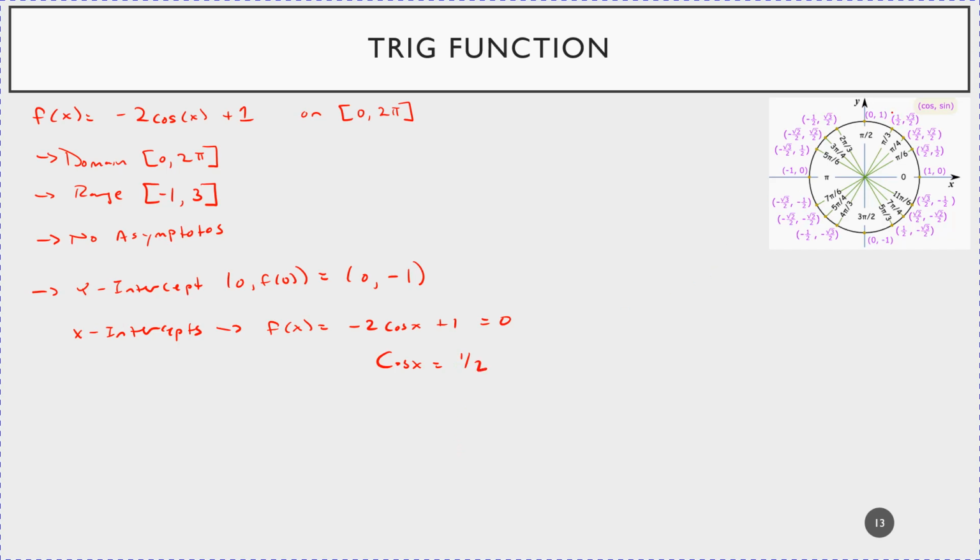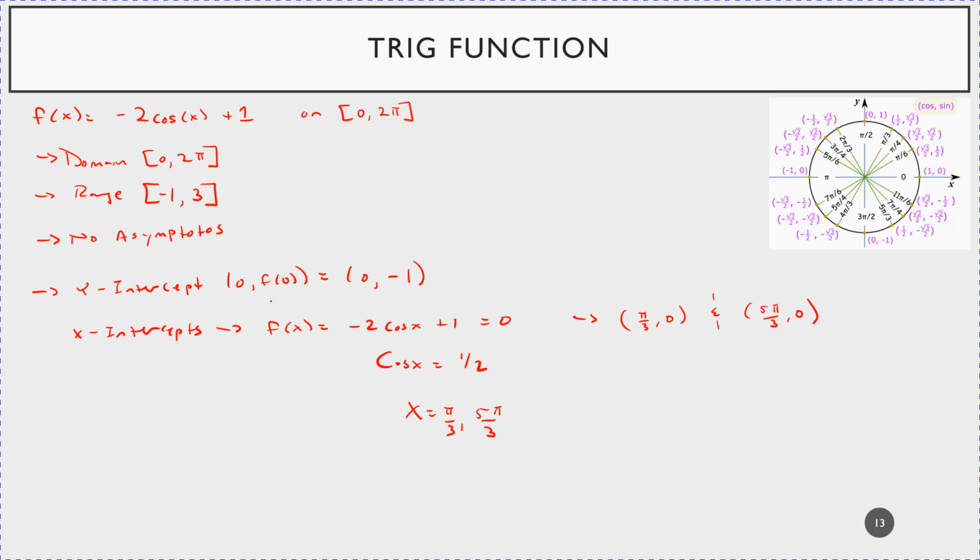Well, you can see that that is pi over 3 and 5 pi over 3. Okay, so on this interval here, we have two x-intercepts, right? We have the point pi over 3 comma 0, and then we also have the point 5 pi over 3 comma 0.